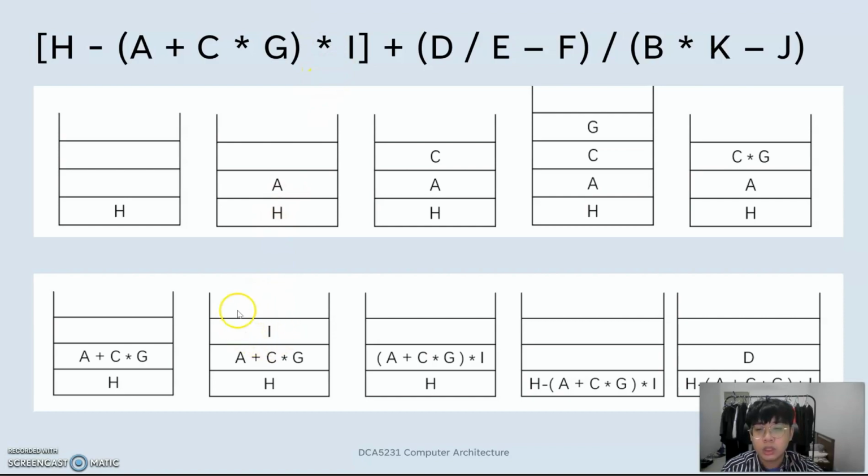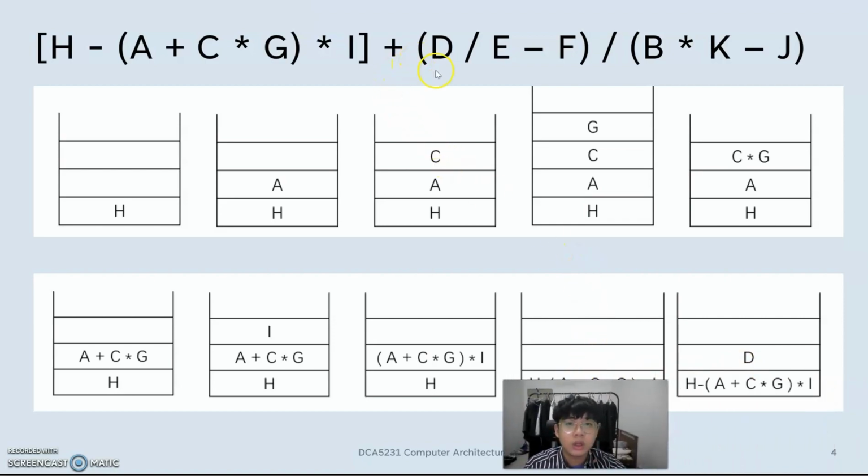Here you can see the I is here. We push the I, then we put the operator into the stack. Lastly, we push the operator minus into the stack. So the answer is h minus a plus c multiple g multiple I.